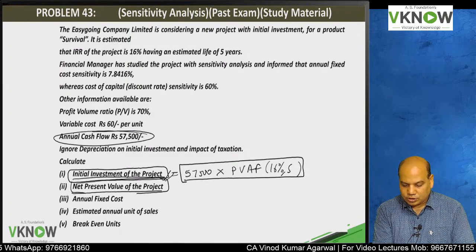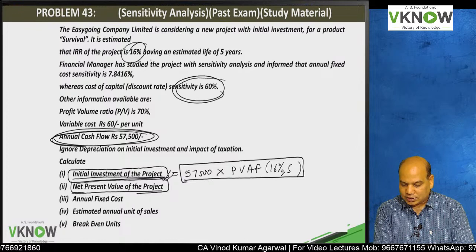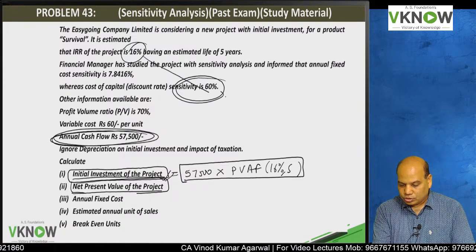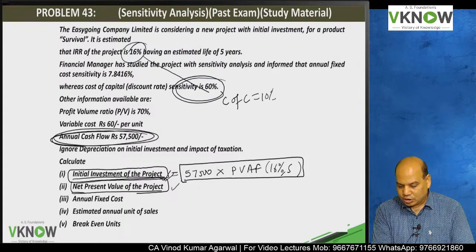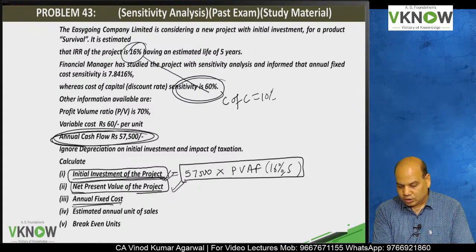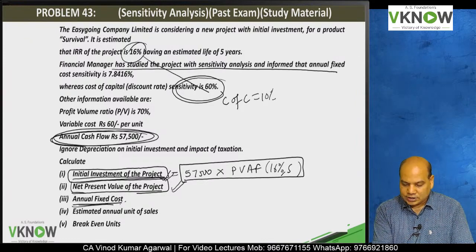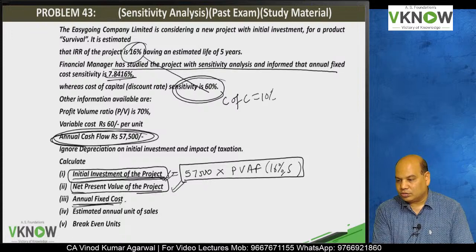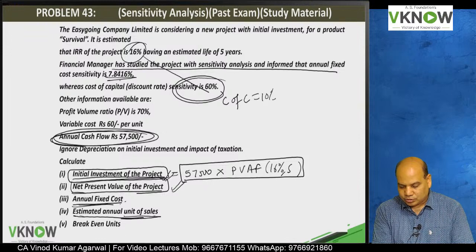Once you get the cost of the project, you can compute NPV also. Annual cash inflow is 57,500. Using IRR and using cost of capital sensitivity, your cost of capital will be 10%, and you can find NPV also. Then you can find annual fixed cost using the sensitivity of fixed cost given to you. You can compute annual units of sale also.